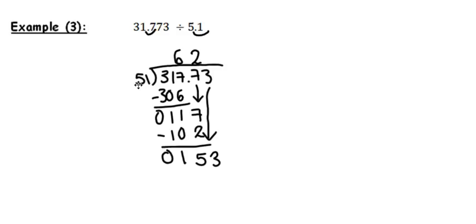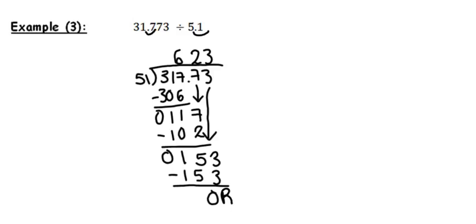How many times does 51 fit into 153? Fits in there 3 times. 3 times 1 is 3, and 3 times 5 is 15. Subtract, you get 0. There is no other number to bring down, so we can stop.